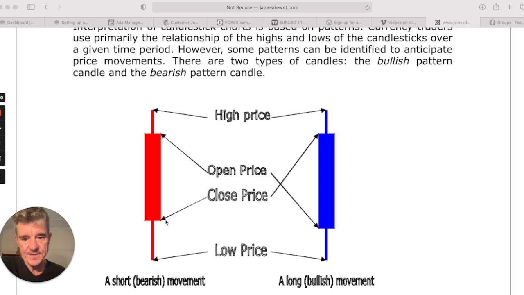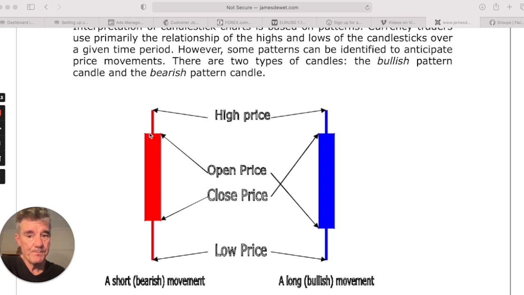In fact, if you cut off these bottom bits here, it'll look just like a candle. And the top of the wick, the highest point of the wick, represents the highest price reached in that time period. And we're talking about hourly charts at the moment. The bottom of the wick represents the lowest price reached during that time period.